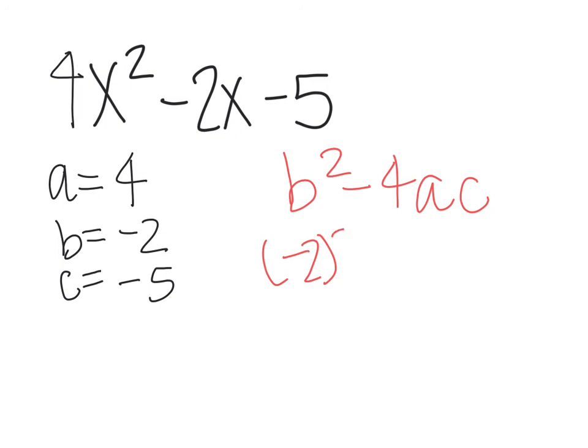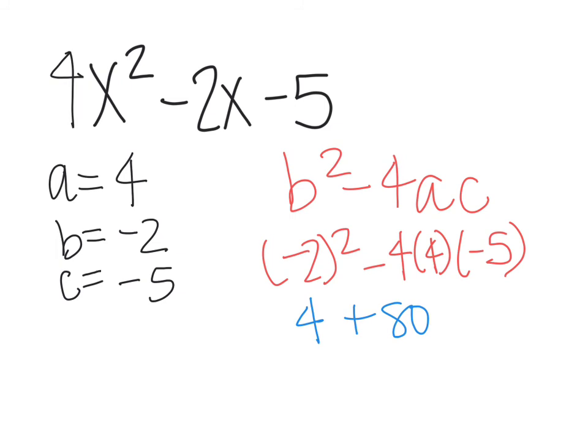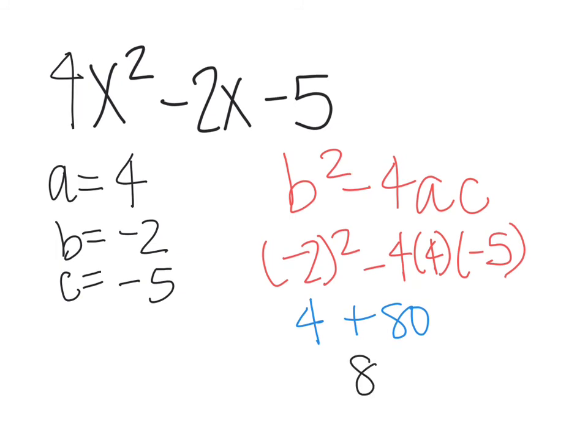B is negative 2, so negative 2 squared, minus 4 times a, which is 4, times c, which is negative 5. Negative 2 squared is positive 4. Then I have negative 4 times positive 4, which is negative 16, times a negative 5, which gives me a positive 80. And 4 plus 80 is going to give me 84.